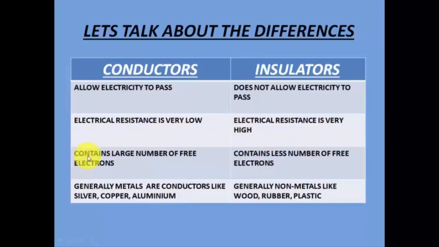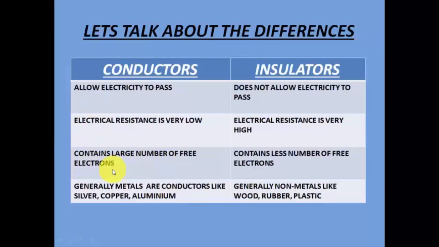Now tell me, if an object is a good conductor of electricity, generally what happens? There will be a large number of electrons flowing through it, because how does current flow? It is nothing but the flow of electrons, which is the current. So if an object is a good conductor, that means there are a large number of free electrons inside it.